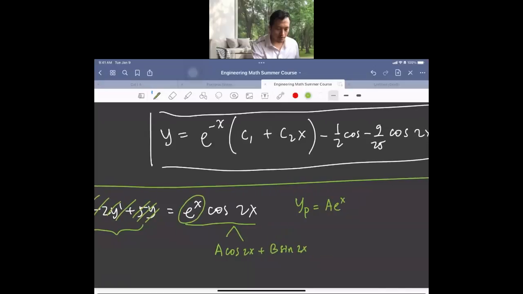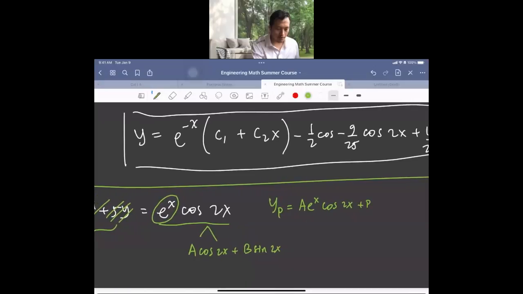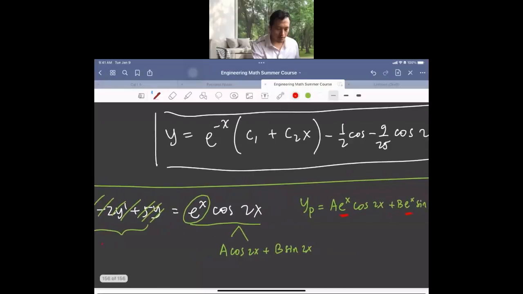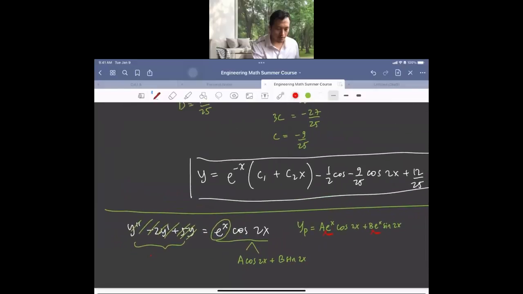And if we add this e to the x, our particular solution will be a e to the x cosine 2x plus b e to the x sine 2x. But of course, you need to be careful with this e to the x. It might duplicate with the homogeneous solution. If it duplicates, then it needs to be changed, maybe by adding x.